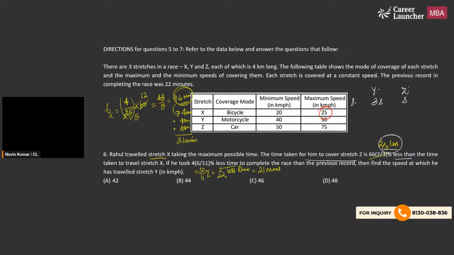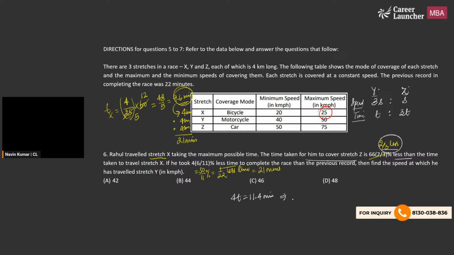So that means if speed was in the ratio 3:1, the time taken to cover Y and Z will be in the ratio 1:3, because the distance covered is the same, so time and speed are inversely proportional. Now the remaining minutes overall are 21 minus 9.6, which is going to give us 11.4 minutes.